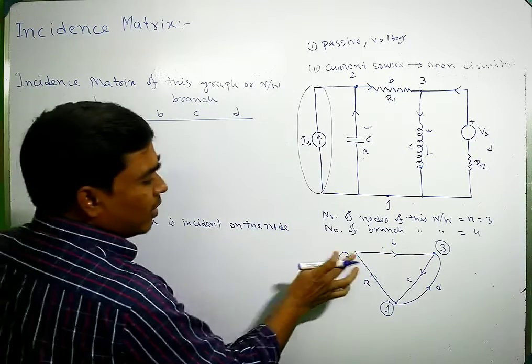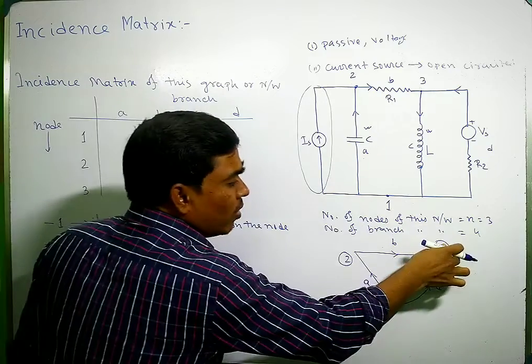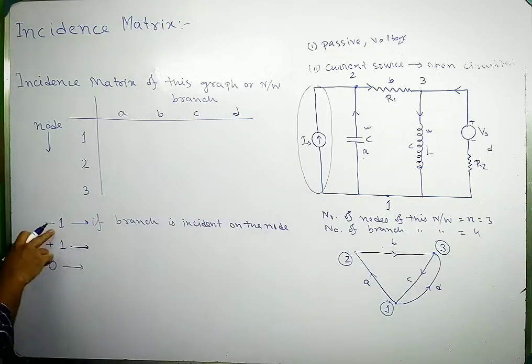So if the branch is incident on the node, then the entry will be -1.